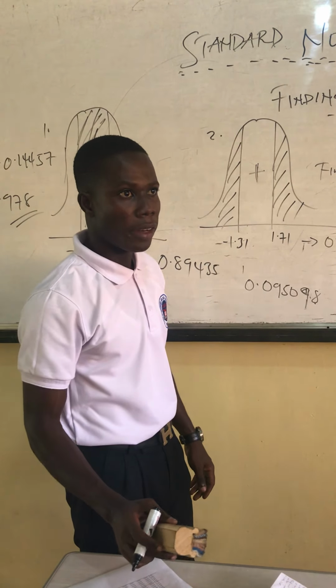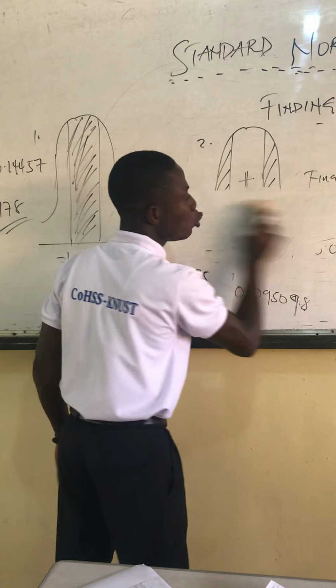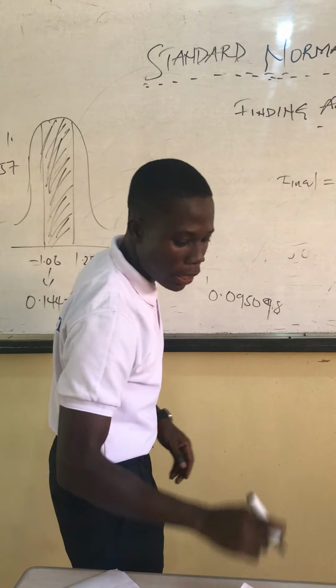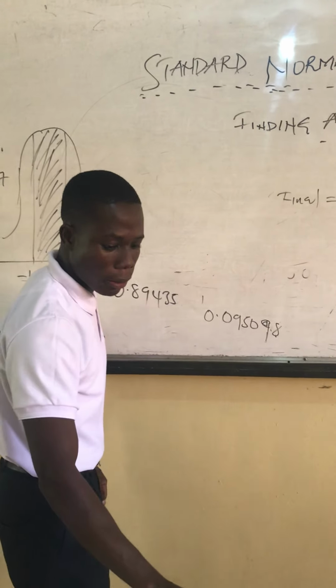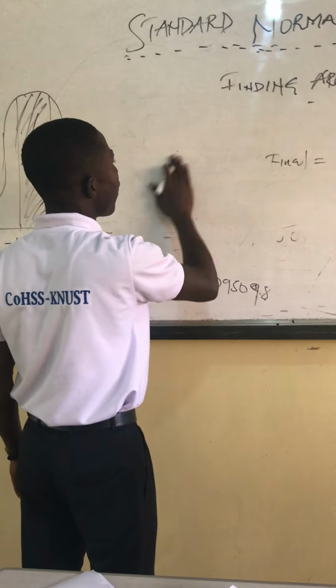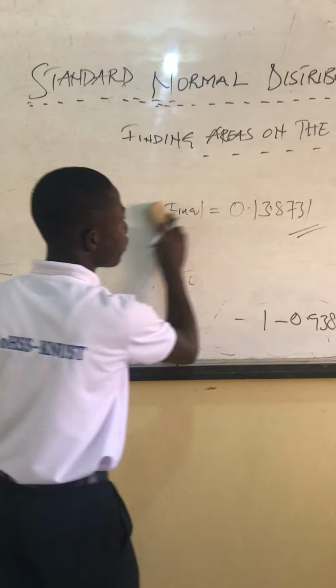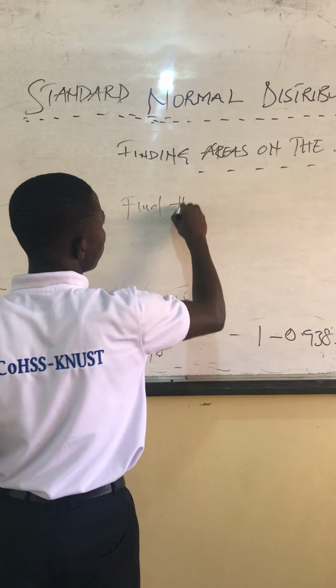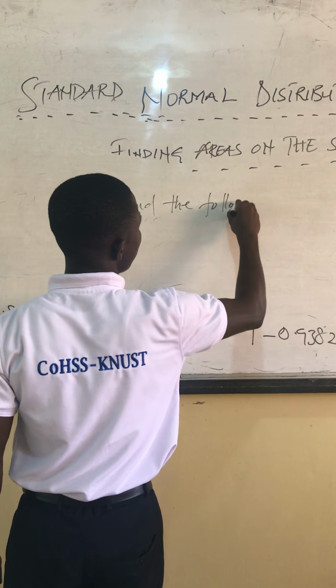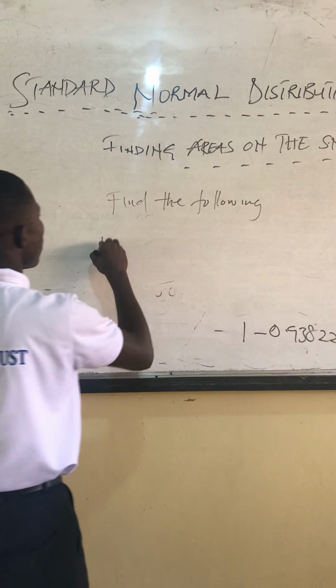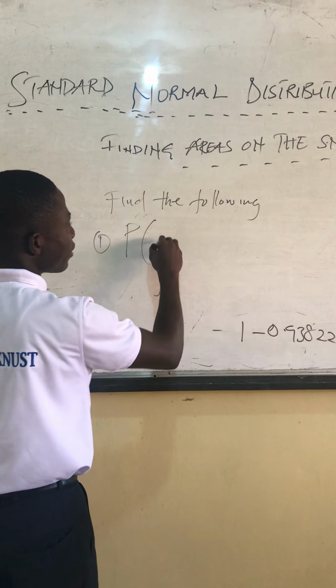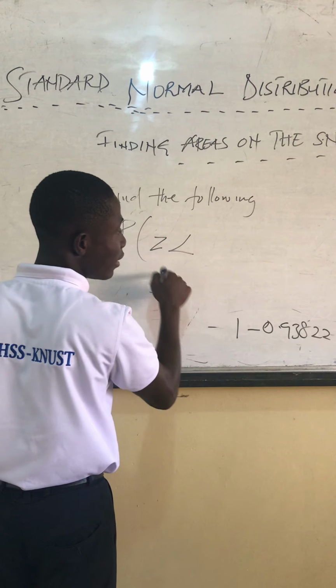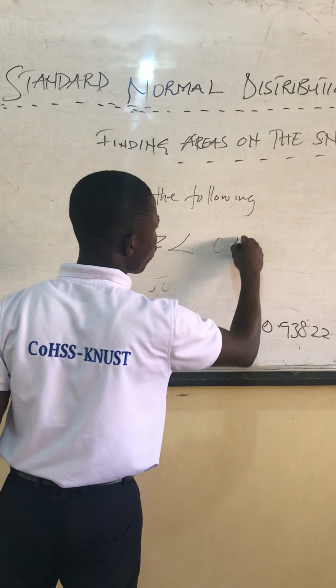And before I finish, maybe in exams you can find areas like this. Maybe they can write something like this. Let's say find the following. Let's say 1: P bracket Z is less than 0.13.